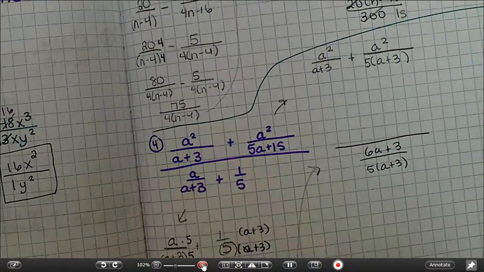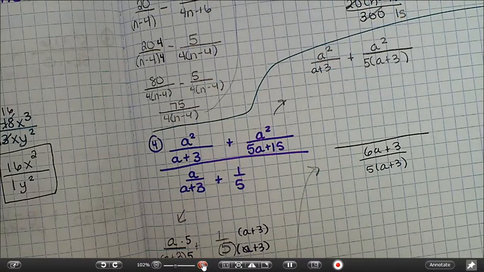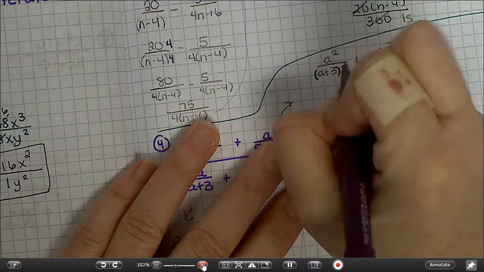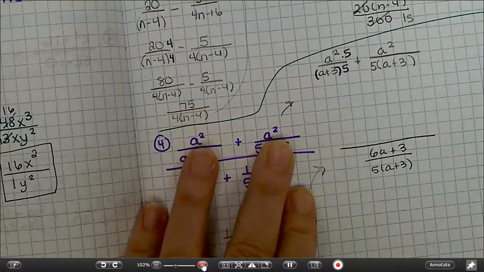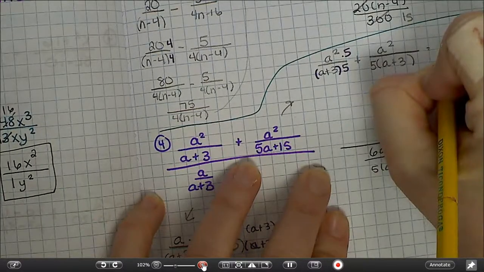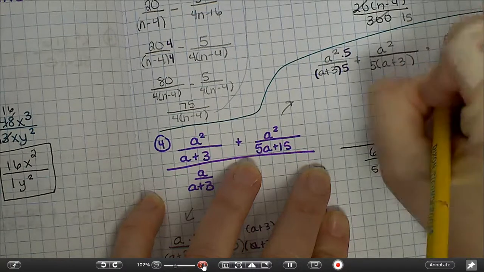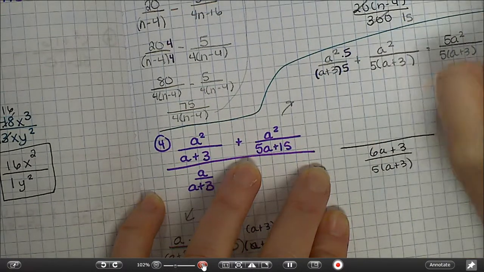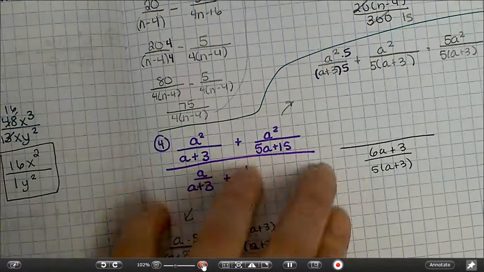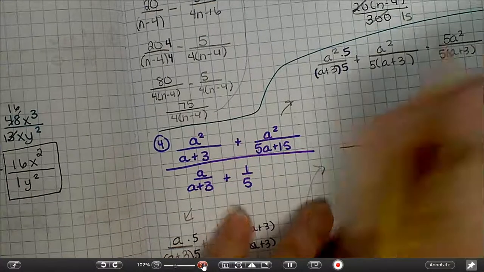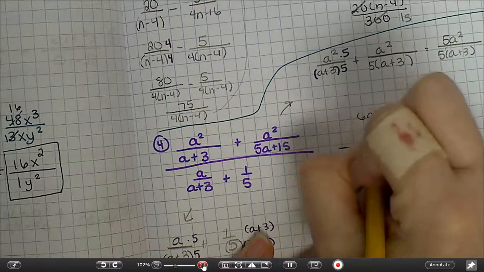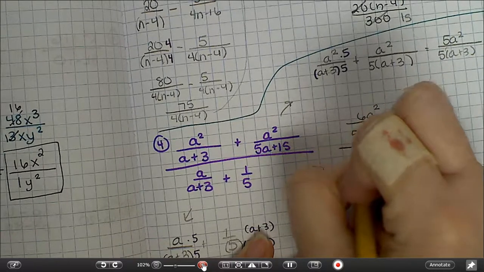We need to make these a common denominator, so think about what that means. Hopefully you thought about multiplying the first one all by 5. So we have 5a squared over the common denominator plus a squared. Okay, I can see that that's going to be 6a squared over 5 times a plus 3.